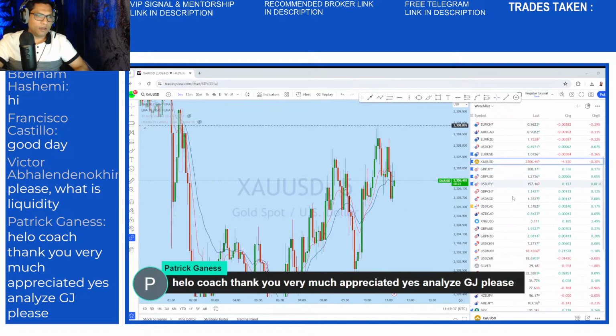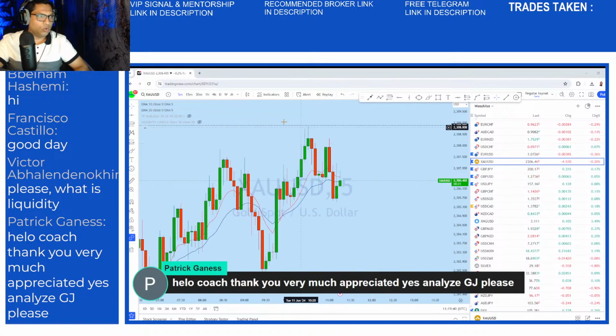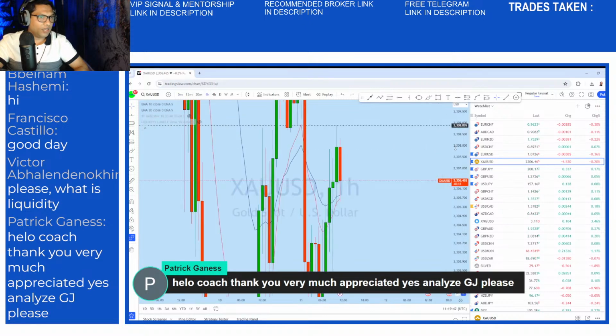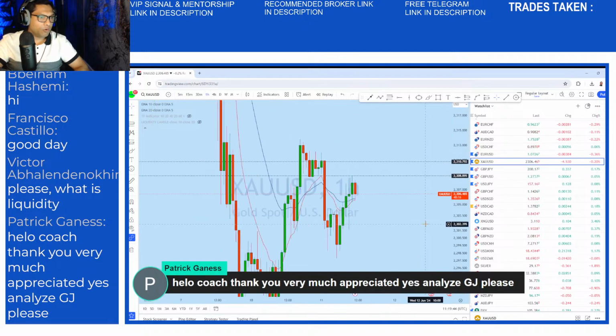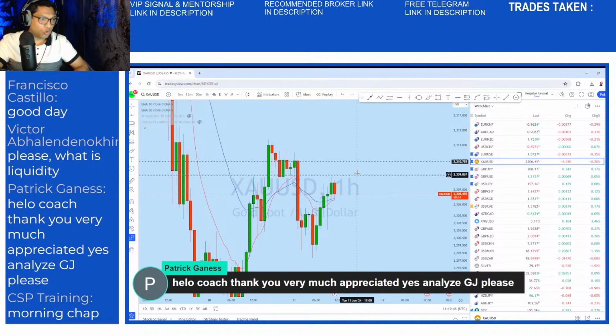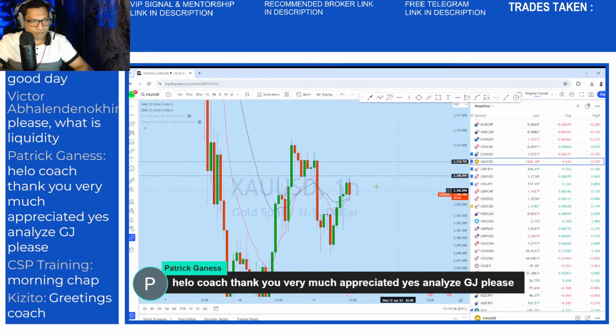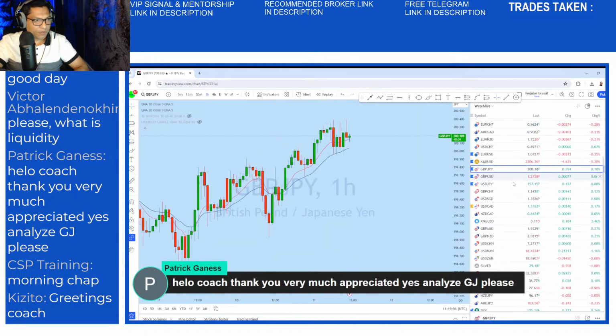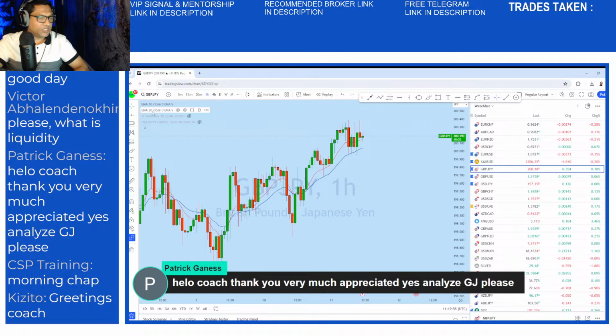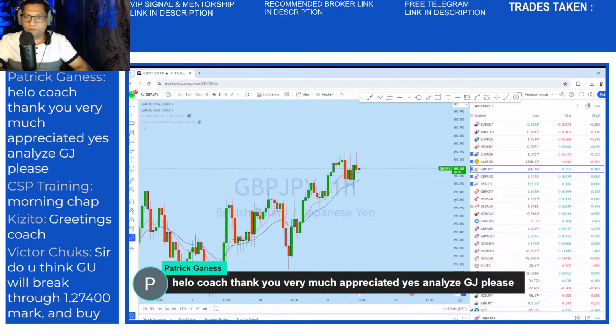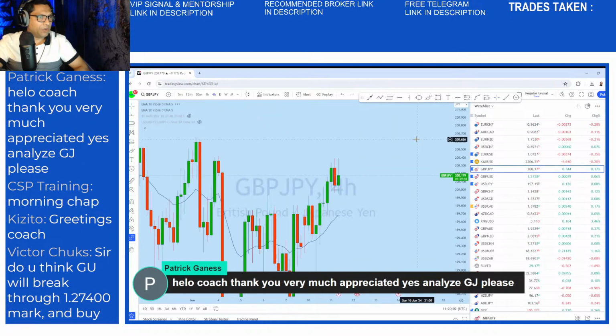Yeah, absolutely. So on gold, we'll be waiting a little more time for more probability, to see if the market is grabbing liquidity from here or dropping back from this level. Now let's look at GBP JPY.